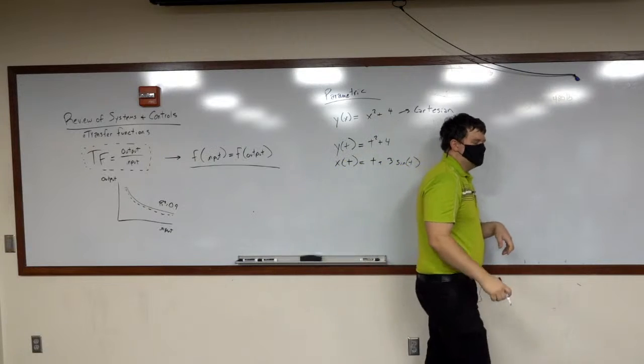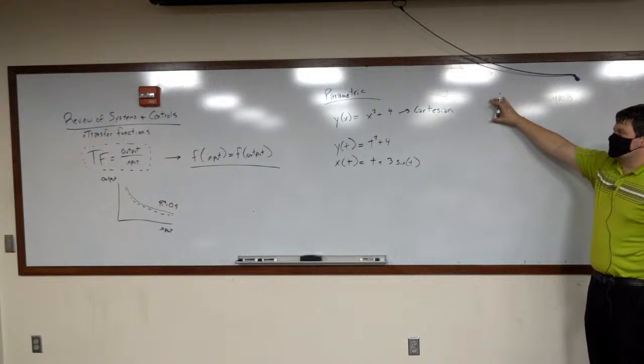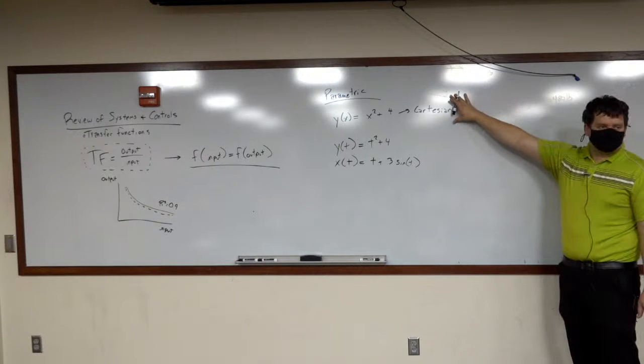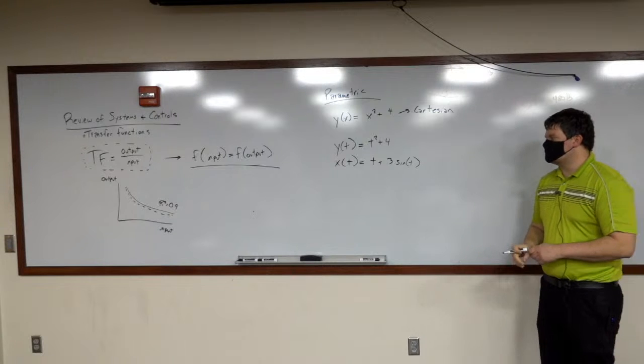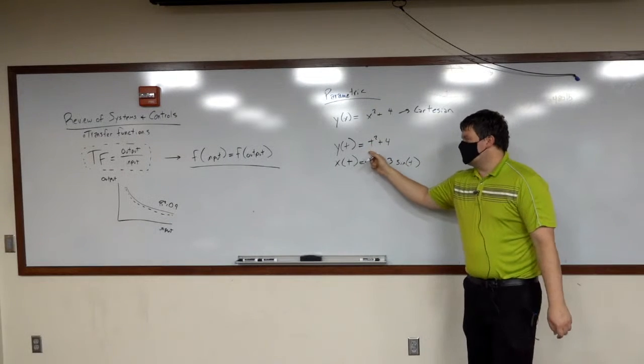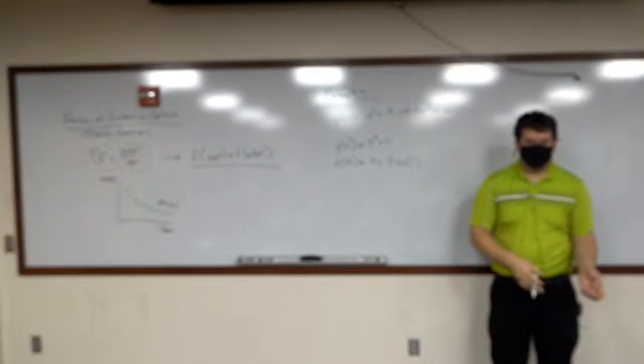Okay? And this is the big difference between what we're used to in more Cartesian settings versus parametric. In parametric, both your input and your output values are actually functions of time.